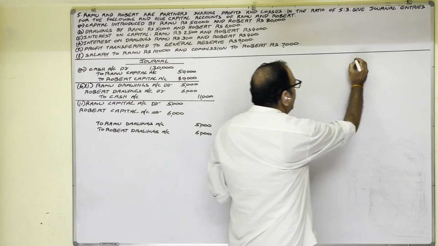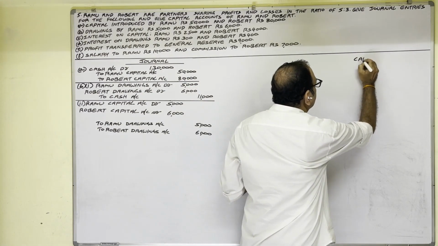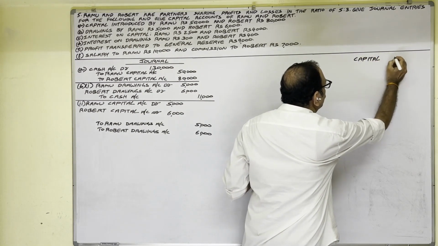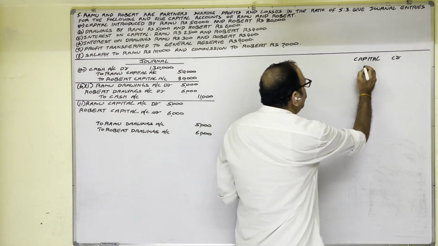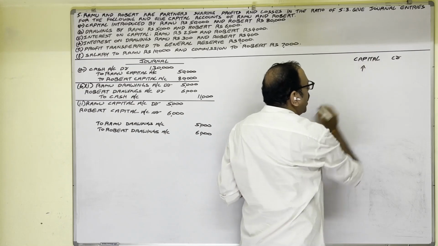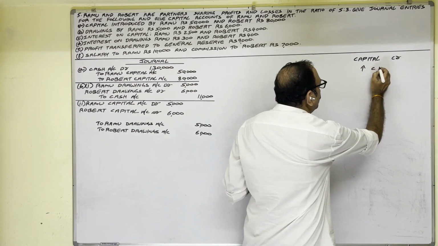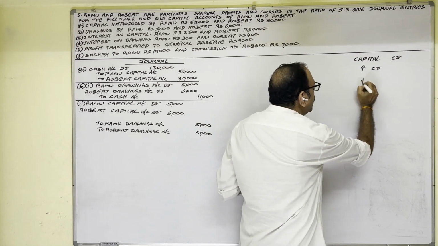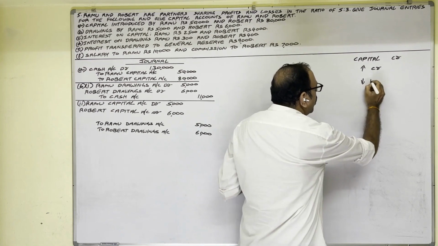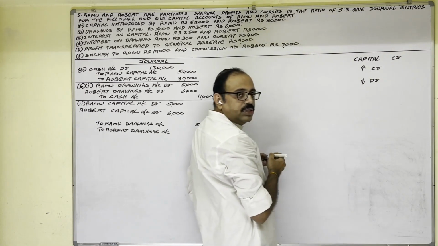Liability shows a credit balance. Capital always shows a credit balance. Therefore, if you want to increase the capital, you have to credit capital accounts. If you want to decrease capital, you have to debit capital accounts.